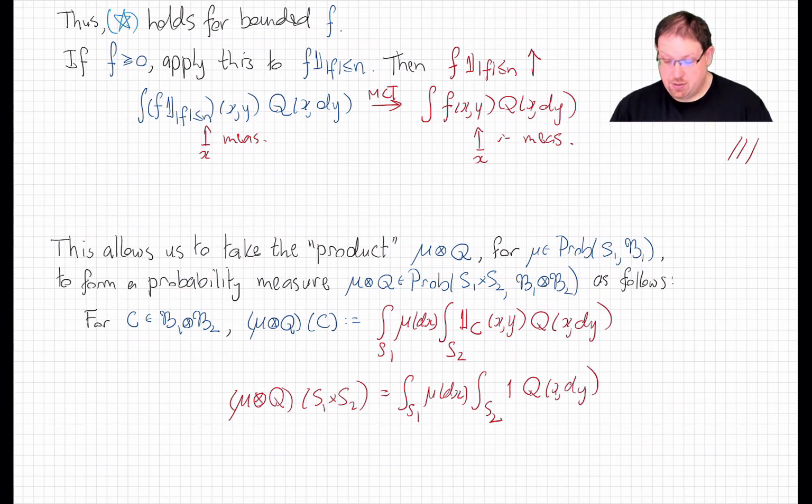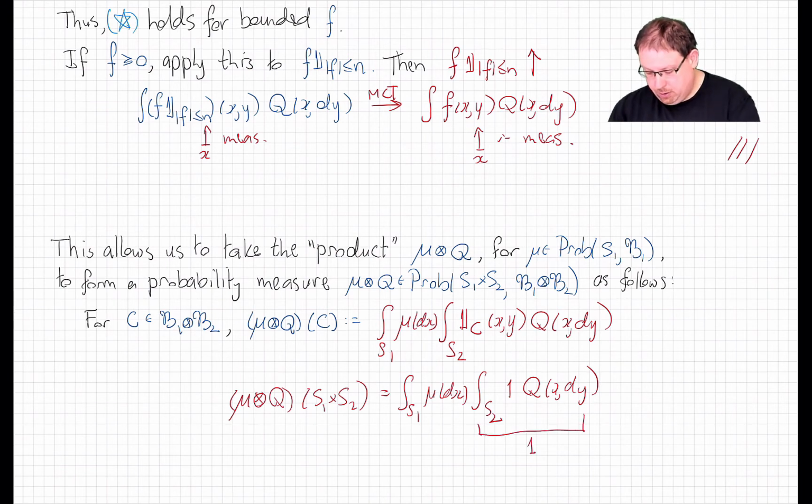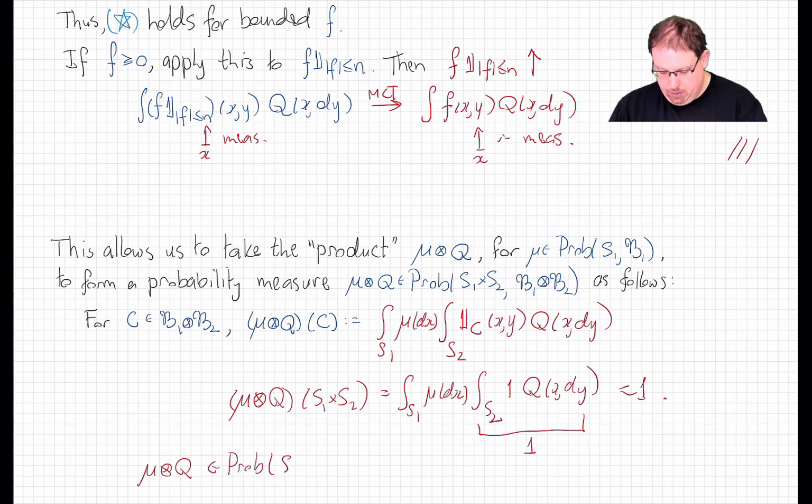Now, for each fixed x, q of x is a probability measure, and so this integral is just 1, and mu is a probability measure, and therefore this whole thing is 1. That shows us that mu times q is indeed a probability measure on S1 times S2 equipped with the product sigma field.